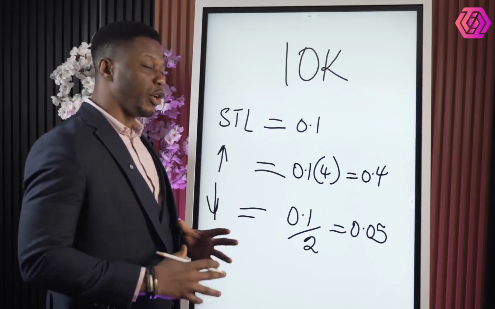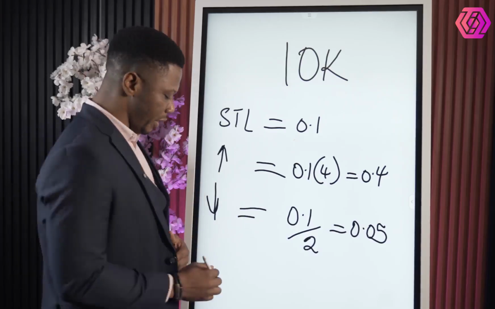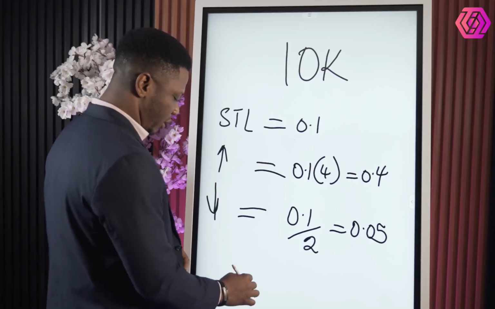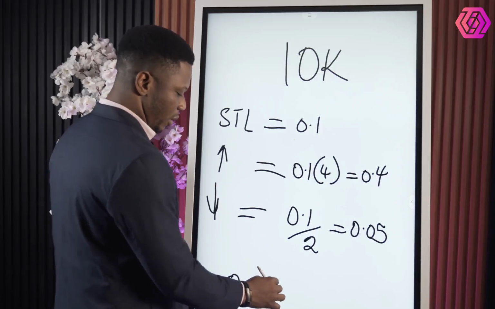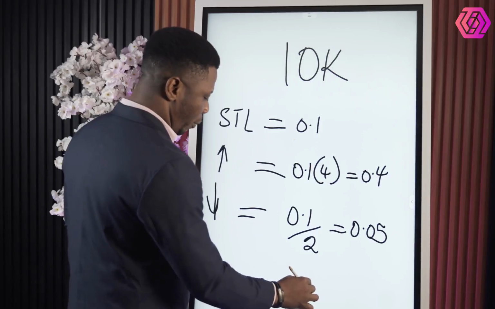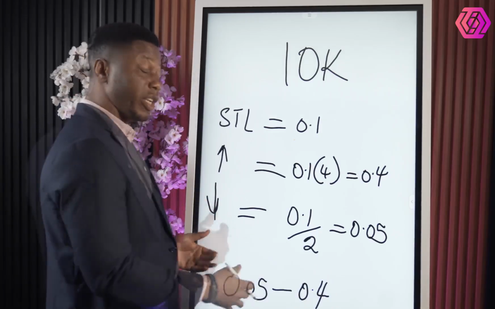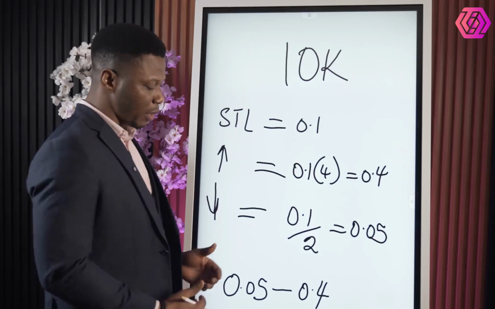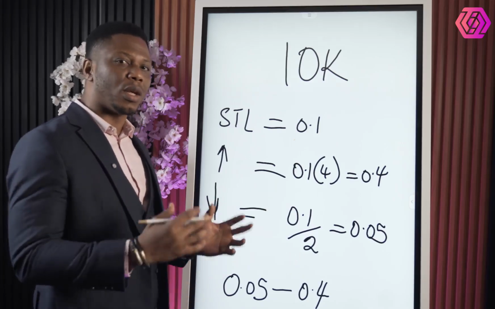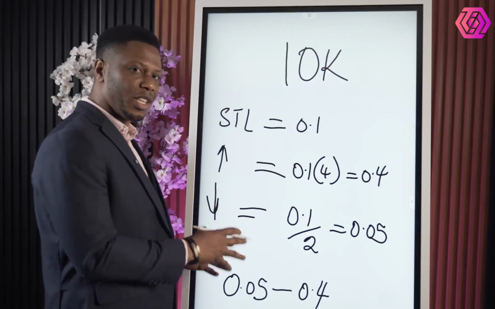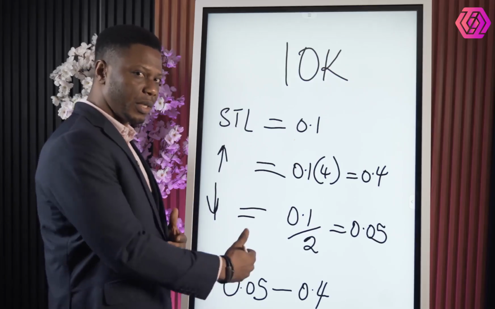All right? So your trading lot size or your trading range is going to be 0.05 to 0.4 on this account. So all the lot sizes within this range, starting from 0.05 to 0.4, are the lot sizes you can use in the history of this account until there is a reset.